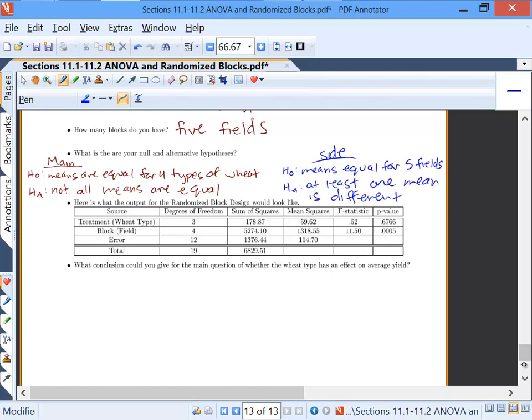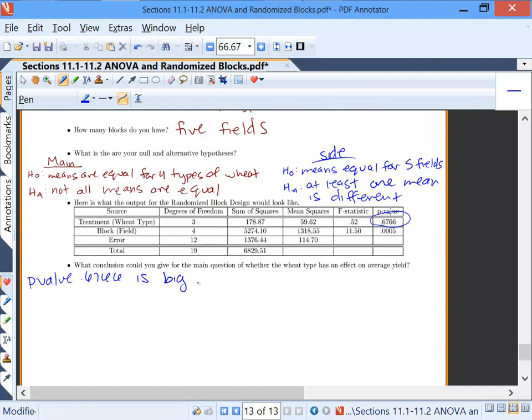Okay. So what conclusion could you give for the main question of whether the wheat type has an effect on average yield? So we have our treatment, which is the wheat type. The p-value is 0.6766. So how do you feel about that p-value? You said it's big?